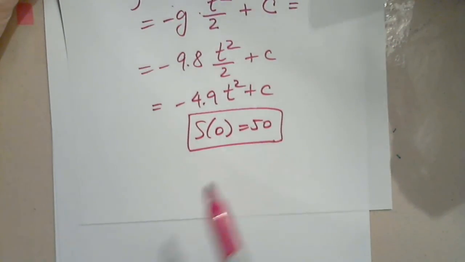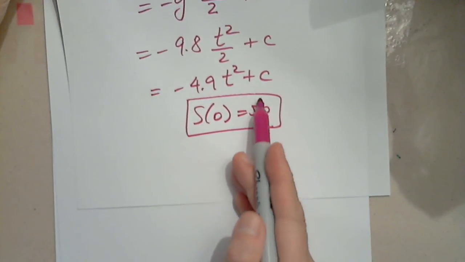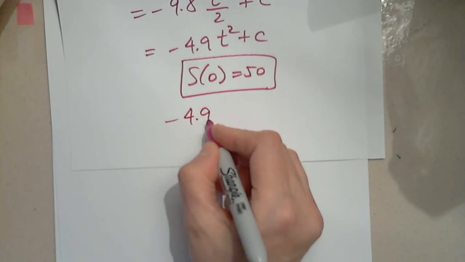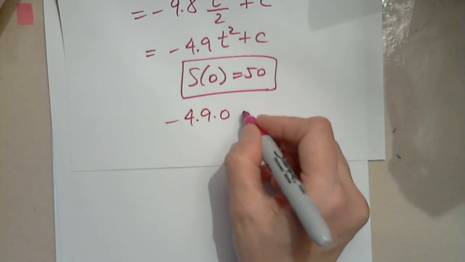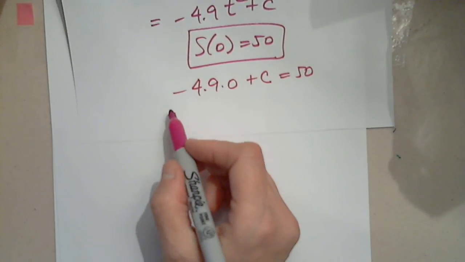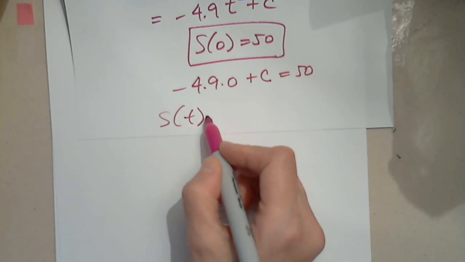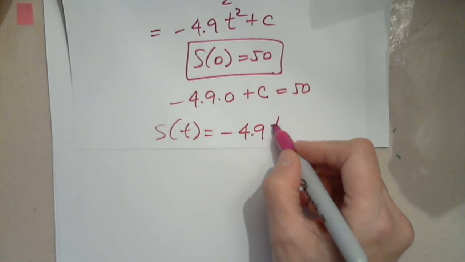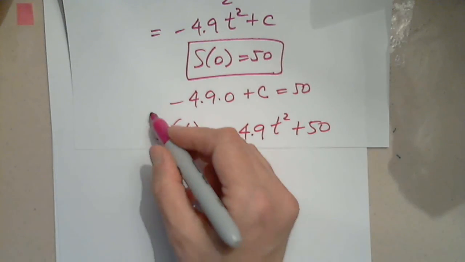So negative 4.9 times 0 plus c equals 50. And now the distance function will be negative 4.9 t squared plus 50.